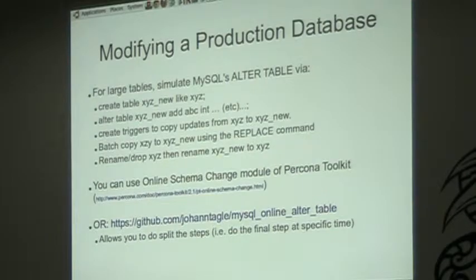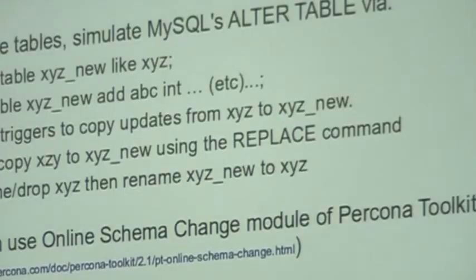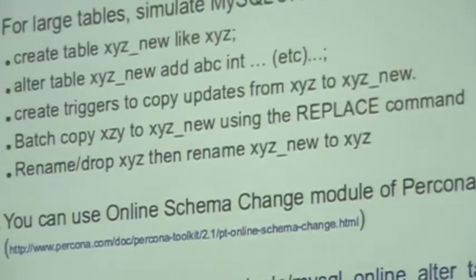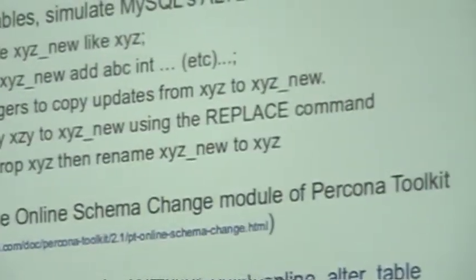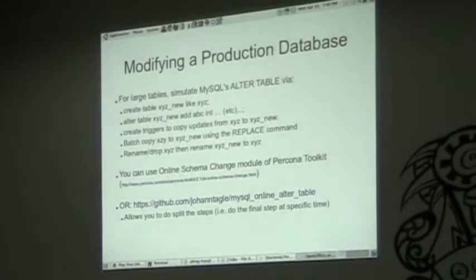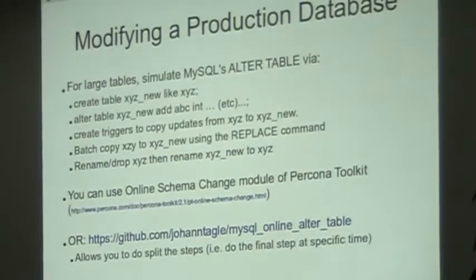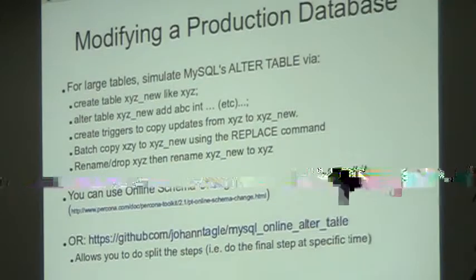Here XYZ_new is an empty table that has exactly the same structure as XYZ, and then you alter the new table for the modifications. Then we create triggers to copy updates from XYZ to XYZ_new, and then batch copy the records in XYZ to the new one using the replace command.